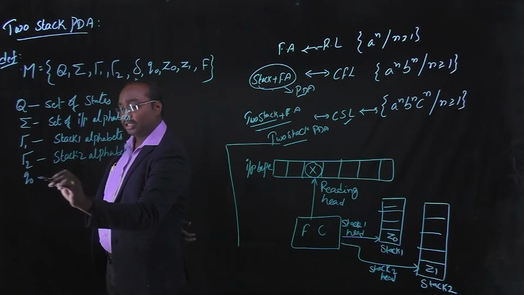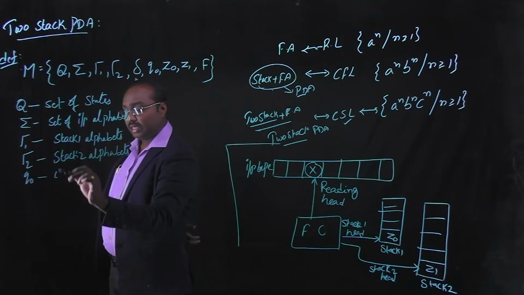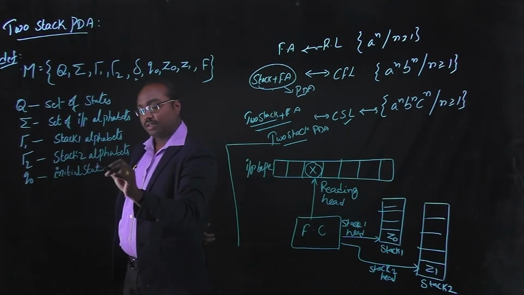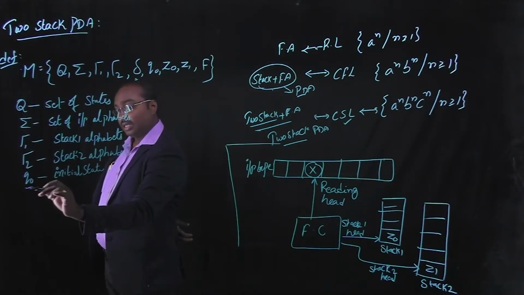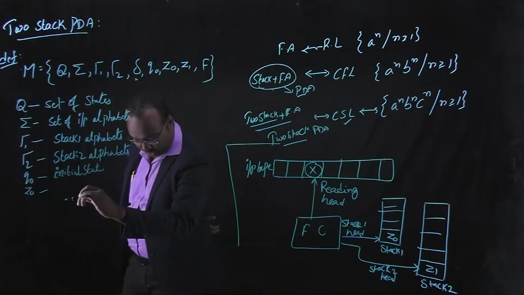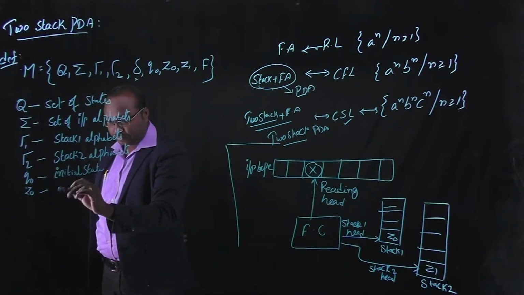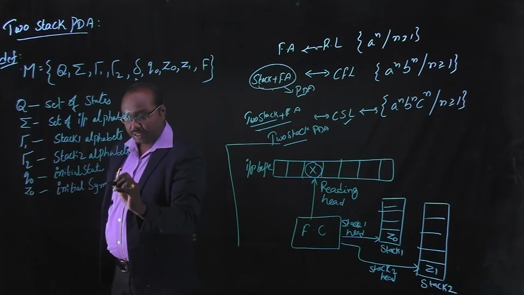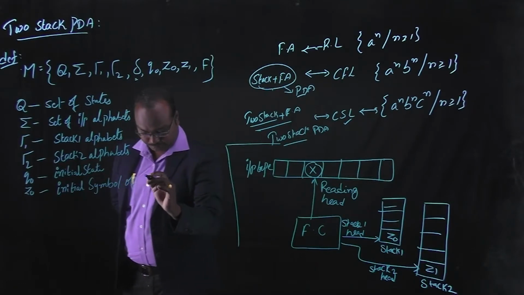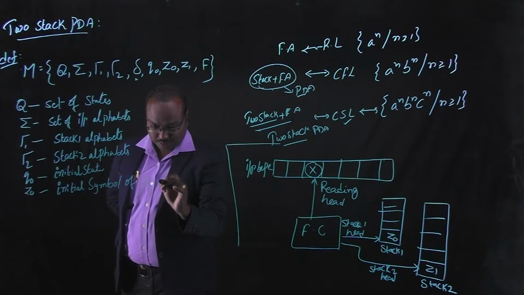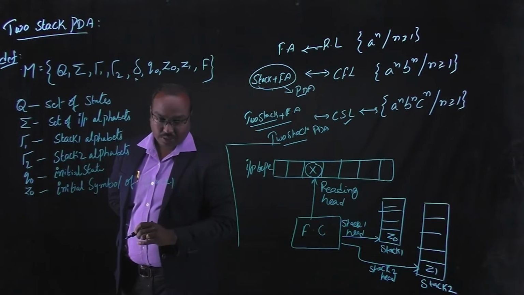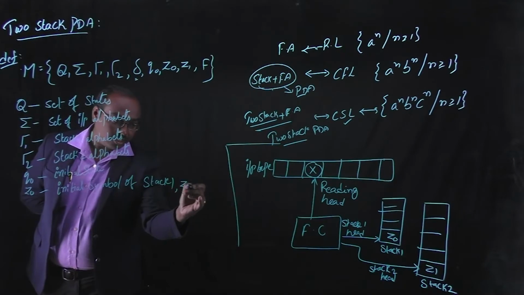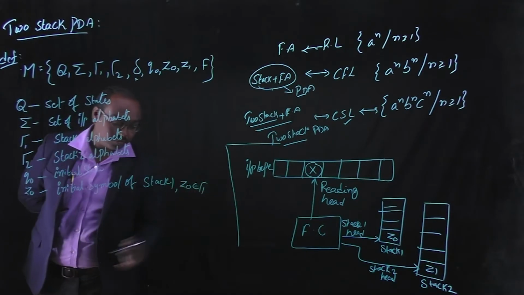Next, Q naught represents the initial state of the machine. Z naught is the initial symbol of stack 1, that is Z0 belongs to tau 1.